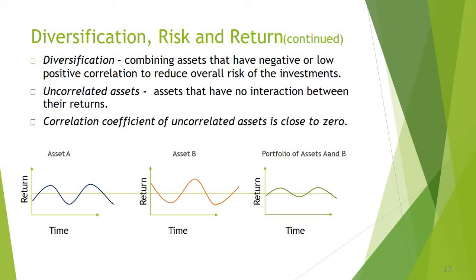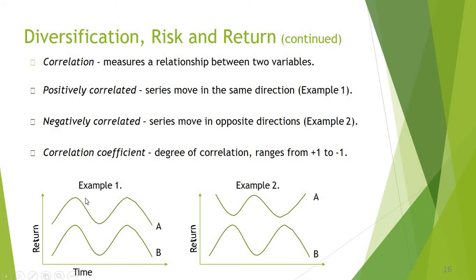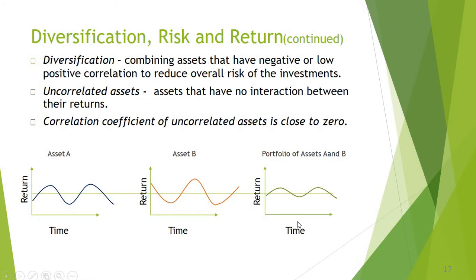Keep in mind that if you build your portfolio with perfectly positively correlated assets, or a very high degree of positive correlation between two assets, this is not going to minimize risks. Your risks will be minimized if you add negatively correlated or perfectly negatively correlated assets.